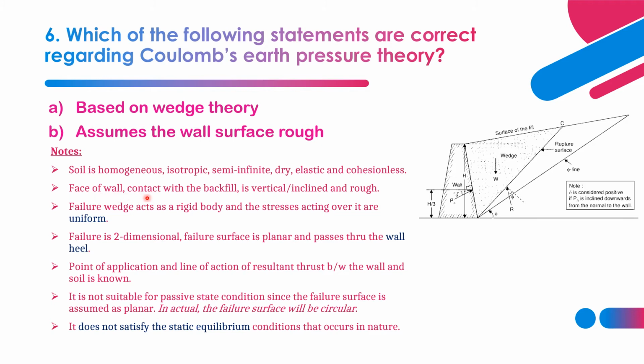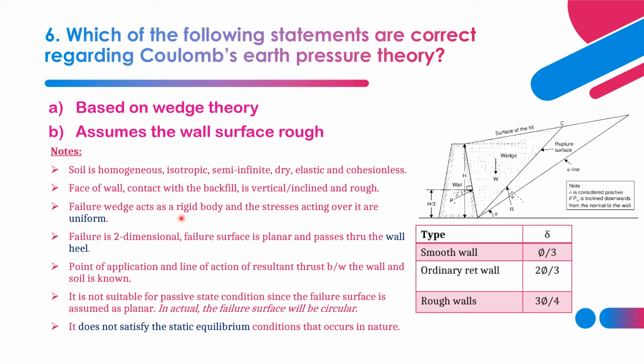And the face of the wall which is in contact with the backfill is vertical or inclined and should be rough. It is assumed to be rough. So that's why there exists an angle of friction between wall and backfill, that is denoted by delta.